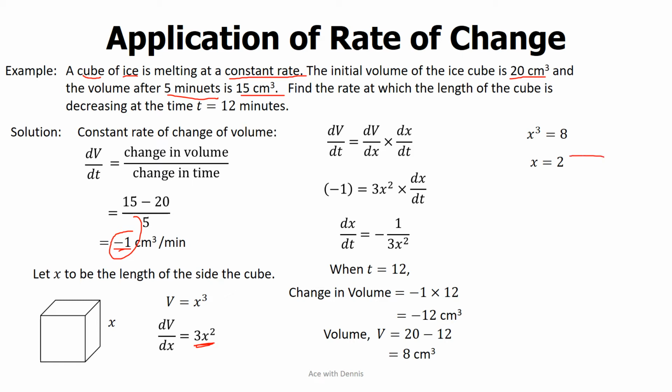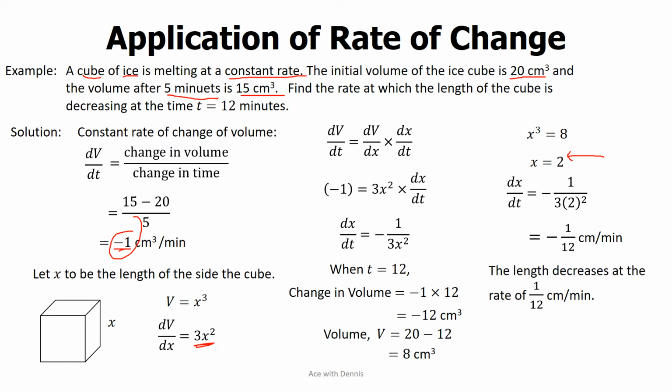So from here, we can substitute x equals 2 into our dx over dt, which becomes negative 1 over 3 times 2 squared, and the answer for dx over dt equals negative 1 over 12 cm per minute. This is the answer. So we can say that the length decreases at the rate of 1 over 12 cm per minute. Look at here, it is a negative value, so we can write in a sentence to say that it decreases at this rate.